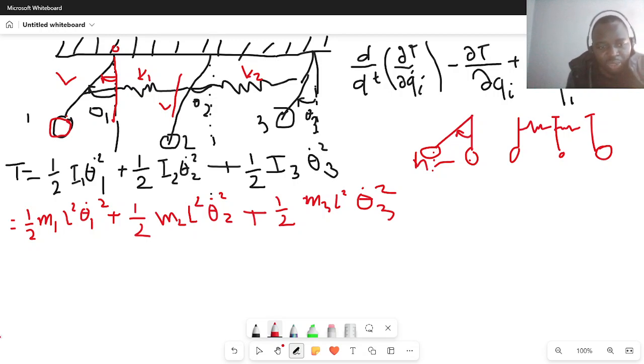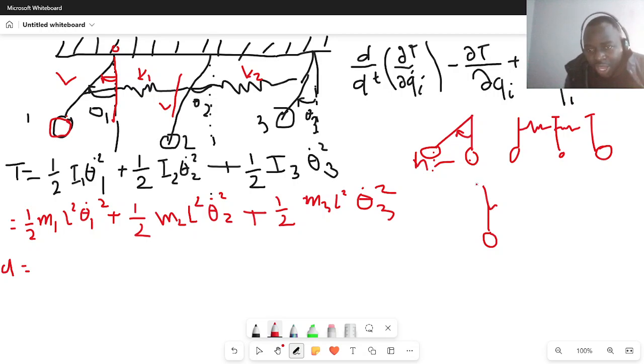If we have to write the potential energy U in this case, before I even write the equation, this needs to be explained, guys. If my object is here before being stretched, the spring is somewhere here and has not been elongated. It has an initial position.